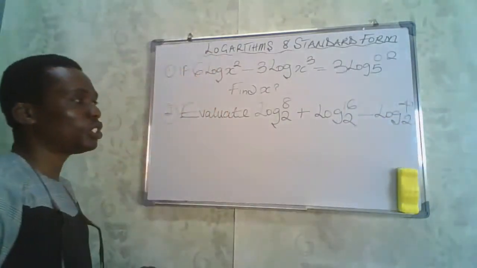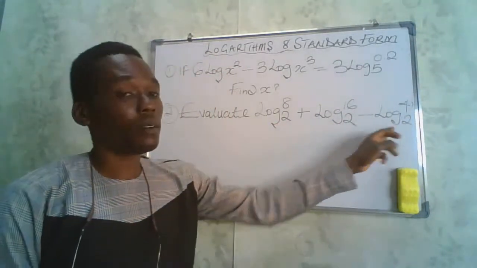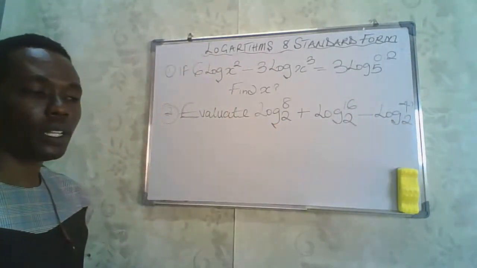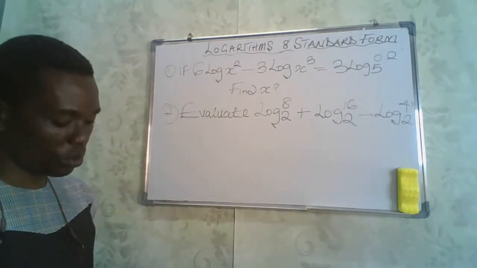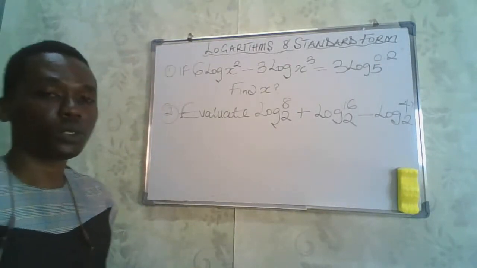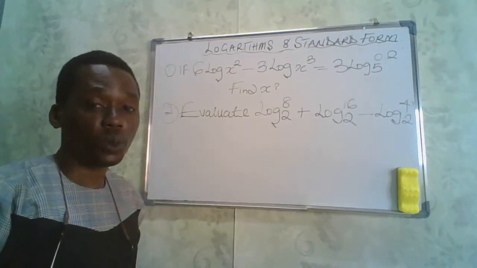Now look at this, just these 2 questions. If you look at this log, you find out that they all have same base. You can simply simplify them and then you get the solutions to those questions. So try these 2 questions and let's see what you can do.